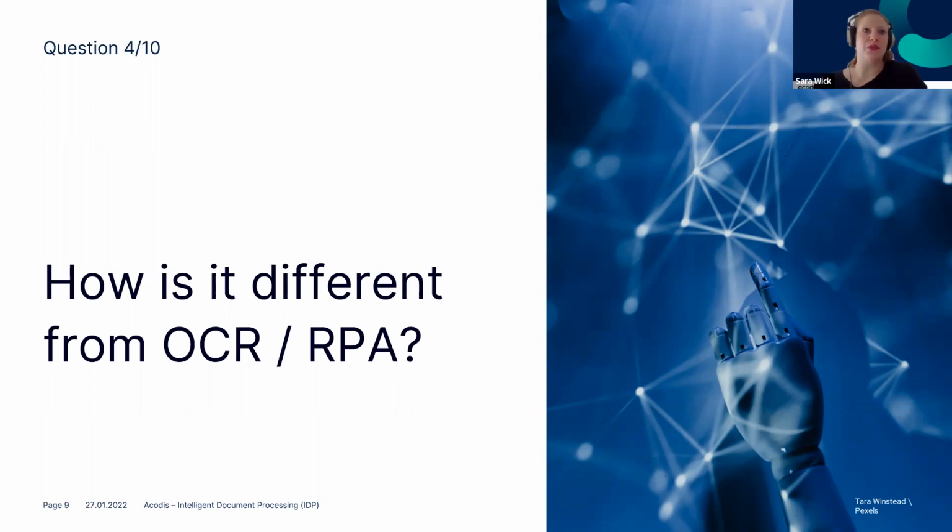RPA stands for Robotic Process Automation, and sometimes IDP then helps RPA being put into place. So in RPA, you just automate a process, but that doesn't have to be with documents, and usually it's very strict.